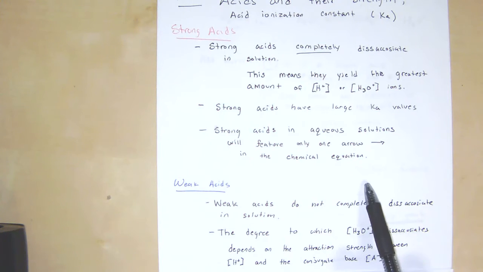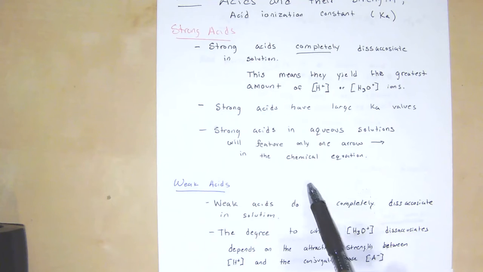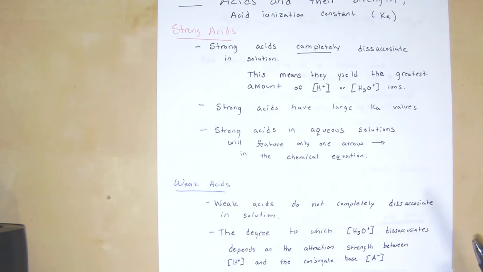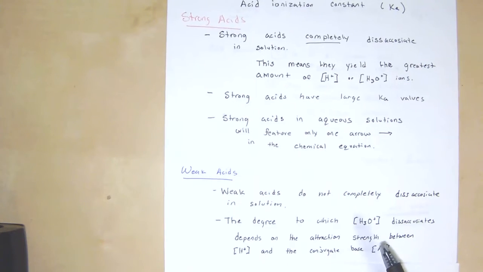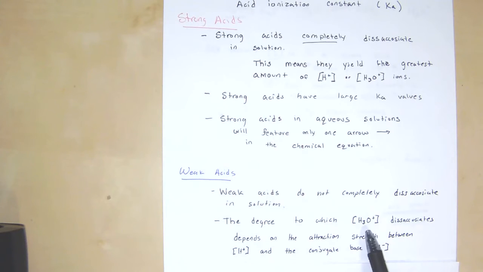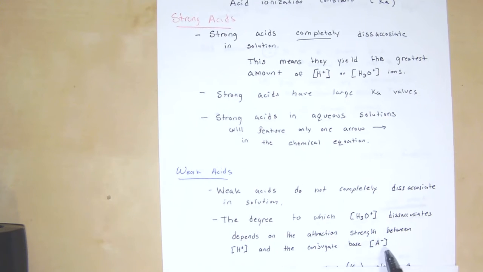But there's also going to be a little bit of reversibility, where a little bit of the hydronium is going to come back towards its conjugate base side, just because there's a little bit more attraction. And that leads to the second point. The degree to which the hydronium dissociates depends on the attraction strength between the H+ and the conjugate base.